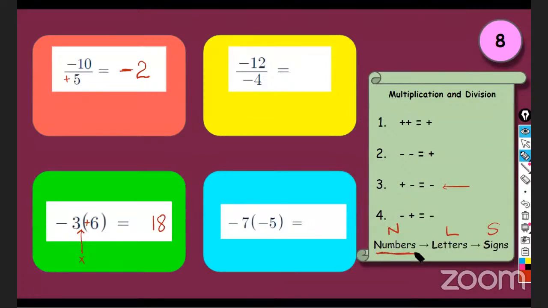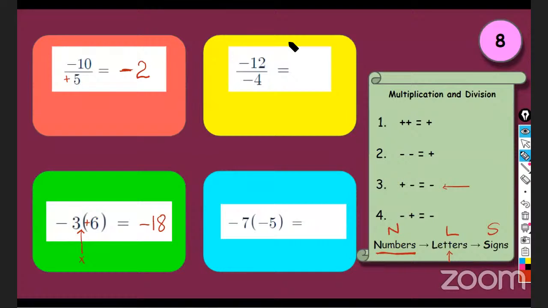We finished with the numbers. Let's go to the letters. Does it have any letters? No. So be happy and move on. And signs, let's do the signs last. One is negative and one is positive. When one is positive and one is negative, your final answer is negative.